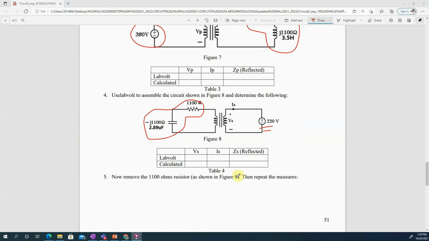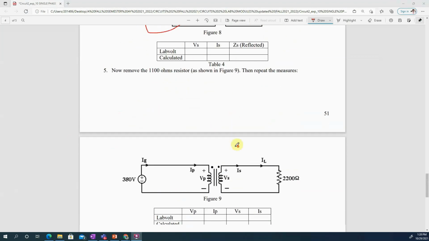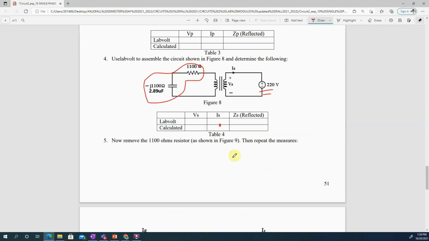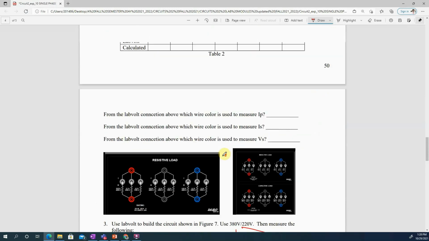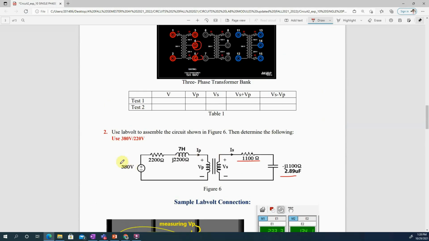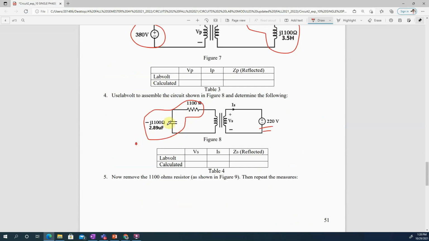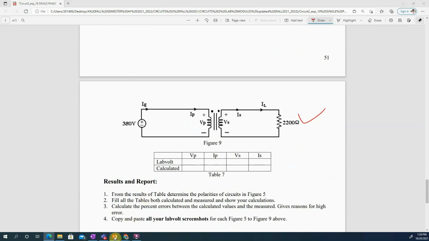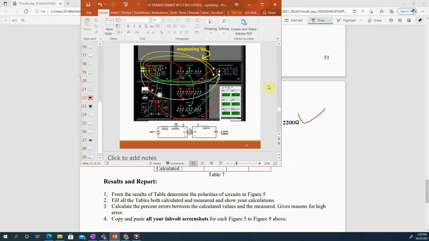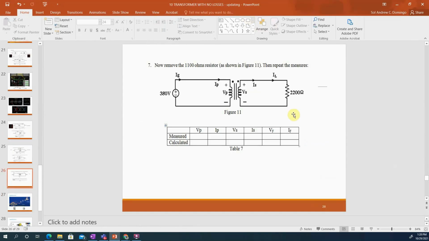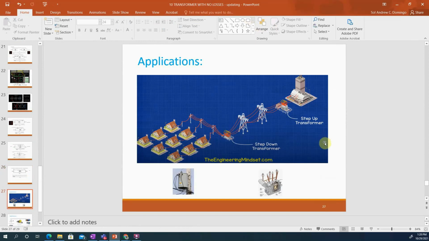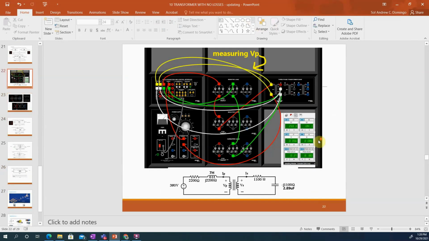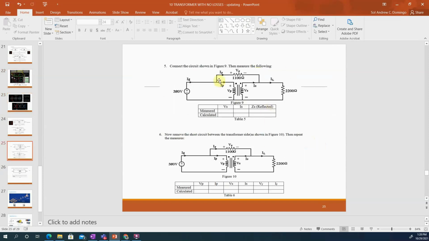So in your lab report, you need to do the same, and you have to do this one also. Okay? So actually in this part, we only have, how many connections? 1, 2, 3, 4. You have to do 4 connections, right? Before we are doing this also, that's why I have here, when we are face to face, we are going to do all of this circuit also.